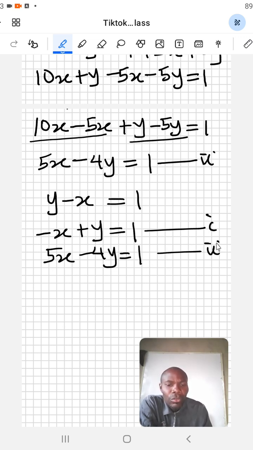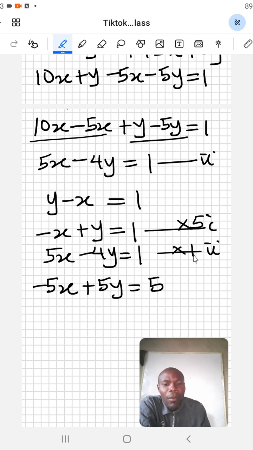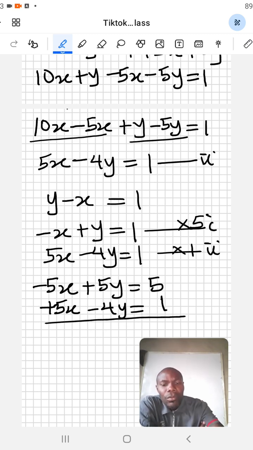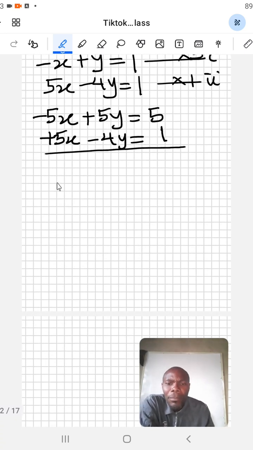Let's multiply equation 1 by 5 to make it easy. So we have minus 5x plus 5y is equal to 5, and we multiply equation 2 by 1: 5x minus 4y is equal to 1. Now let's add them together. The x terms turn to 0, and y is equal to 6.